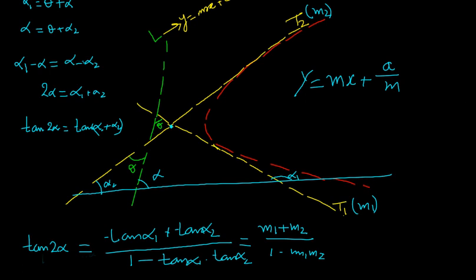This is a very important equation. This is the equation of the tangent, and we need to find the locus of this point. Our fundamental way to find the locus of any point is to assume this point as (h, k) and try to find the relation between h and k in terms of constants. This tangent is passing through this (h, k) point. We will take a general value of m, so k is equal to mh plus a by m.